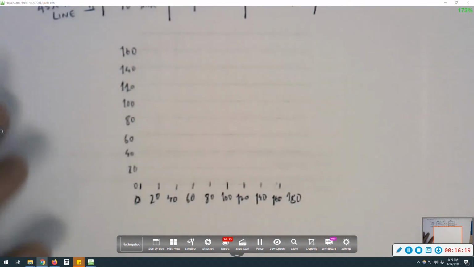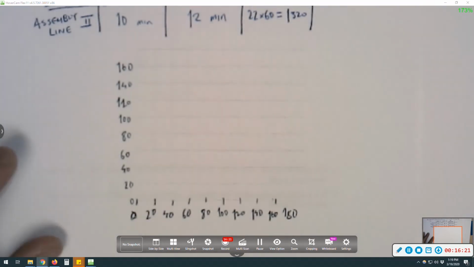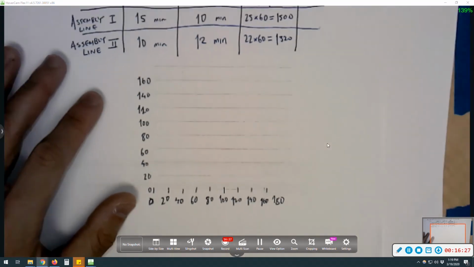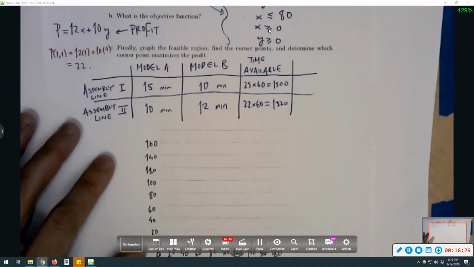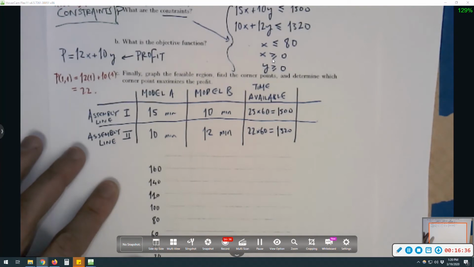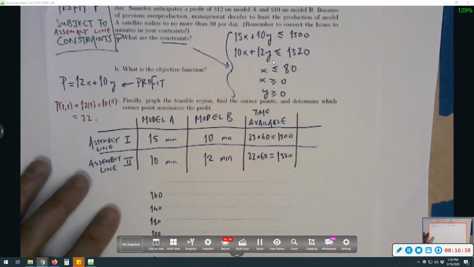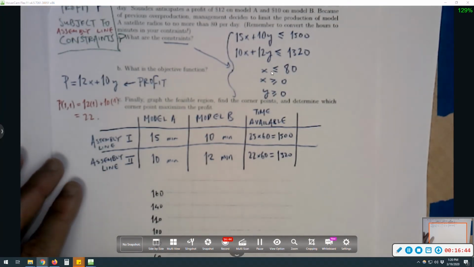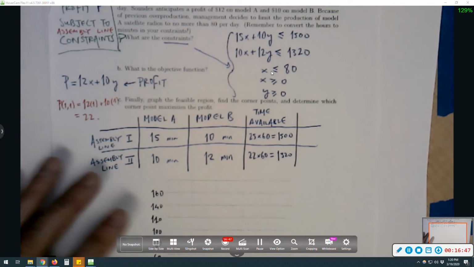Okay, so let's start by graphing some of these lines first. The easy ones we don't have to really draw here. These ones, x greater than 0 and y greater than 0, we don't really need to draw, but we can graph these other ones and then we'll see the feasible set.